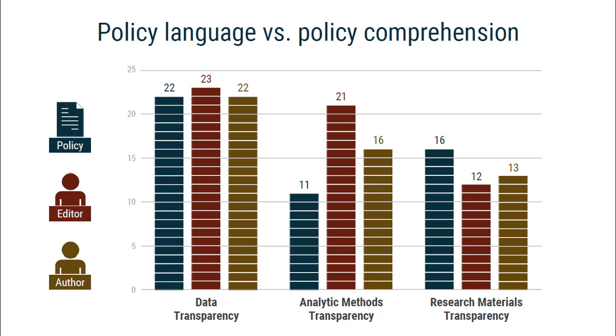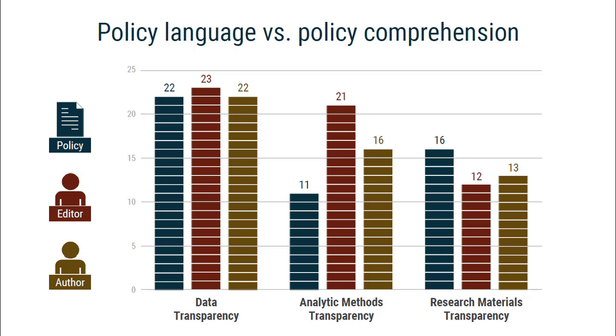When it comes to requiring authors to submit their data to a trusted repository, which is the first graph there, I don't know if you can really see the differences in colors there, but the far left is the policy, the middle one is the editor, and the right one is the author. So when it comes to submitting data, it seems that editors and authors, everybody is pretty much on the same page, that first graph there.